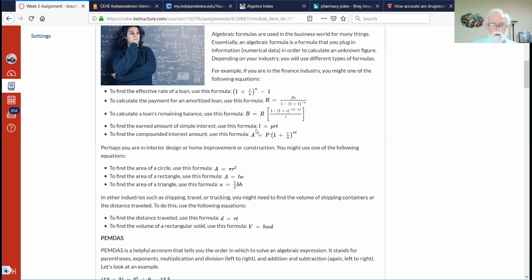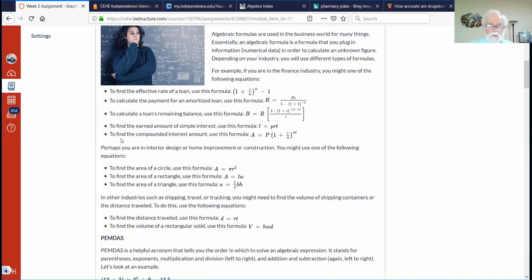We've got simple interest. That is the earned amount of simple interest on either the amount you earn by loaning money or the amount you earn by depositing it. So the interest is the principal times the rate times the amount of time.